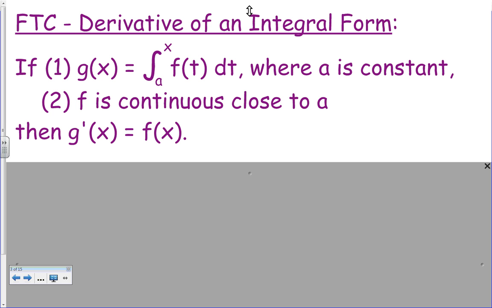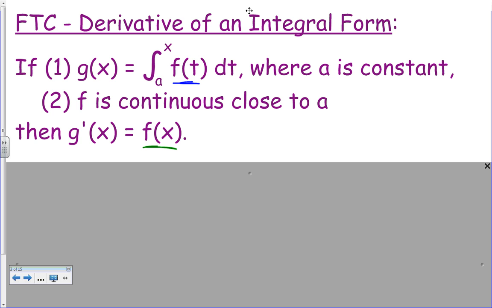Here's how the book puts it, and we're going to write it a second way, like I said. The first way the book says it is this: if g of x is equal to the integral from a to x of f of t dt, where a is a constant and x is our upper bound, just like our example, and if f is continuous close to a, so we just have to have a function that's continuous near a, then it turns out that g prime of x is just equal to f of x, not f of t like we have here, but rather f of x.